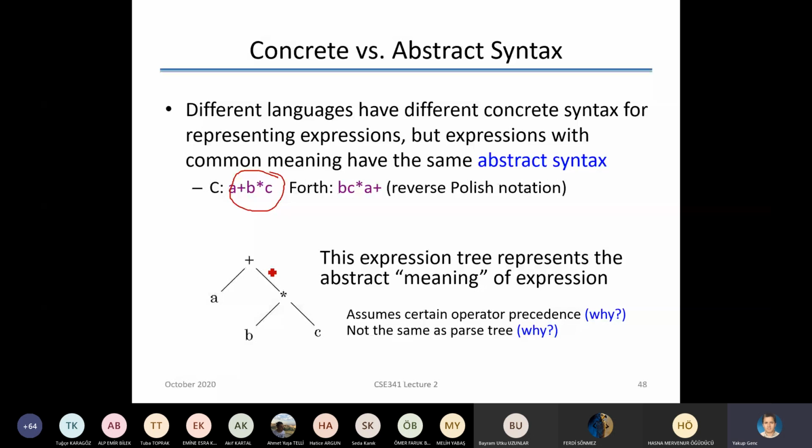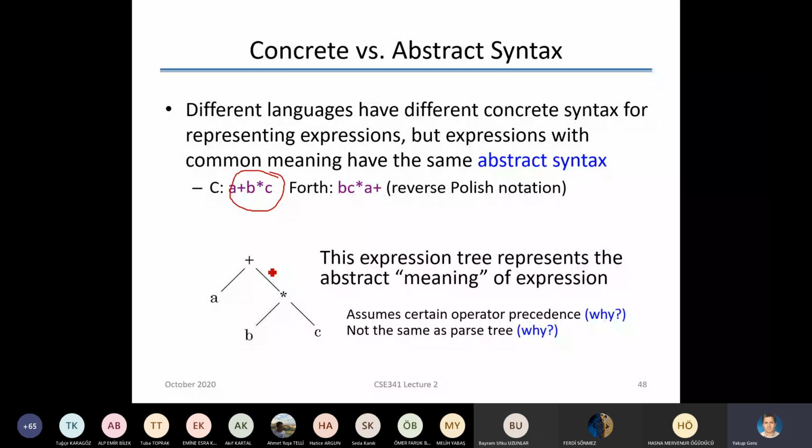Concrete syntax says that I have an identifier, a plus sign, a star sign, and three different identifiers here. So I can take an identifier followed by a plus sign, another identifier followed by a multiplication sign or a star, and then another identifier. This is the concrete syntax, whereas the abstract syntax is, what does this mean?